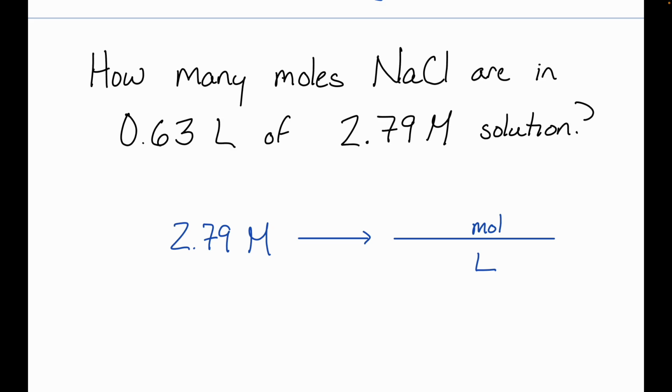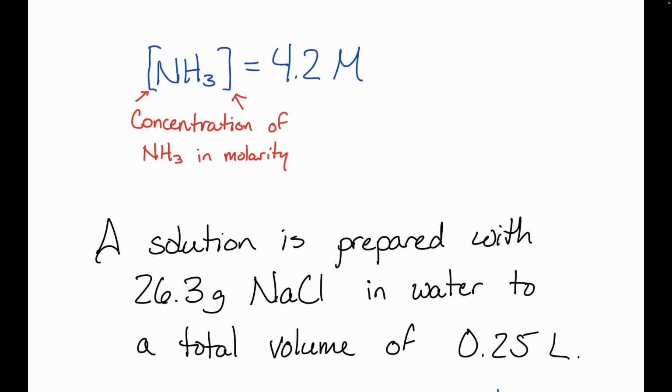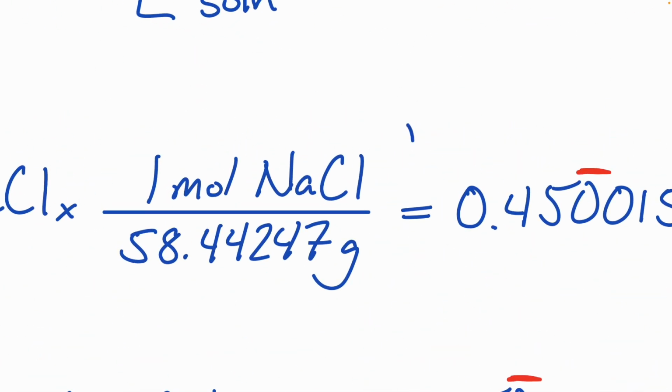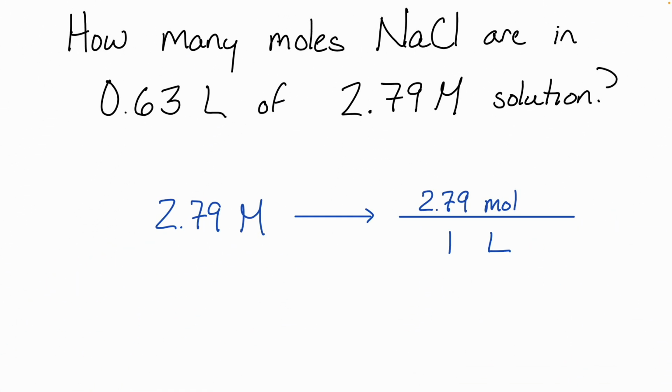Okay, so 2.79 molar is the same thing as saying there's 2.79 moles of your solute in 1 liter of solution, right? Think back to how we did grams per mole. We split them up. Look back at our previous problem here. Split them up, grams, in this case, under moles. We're going to do the same game with our concentration here.